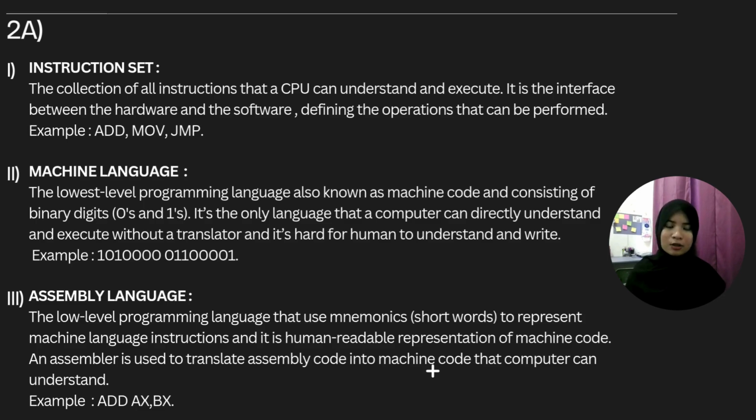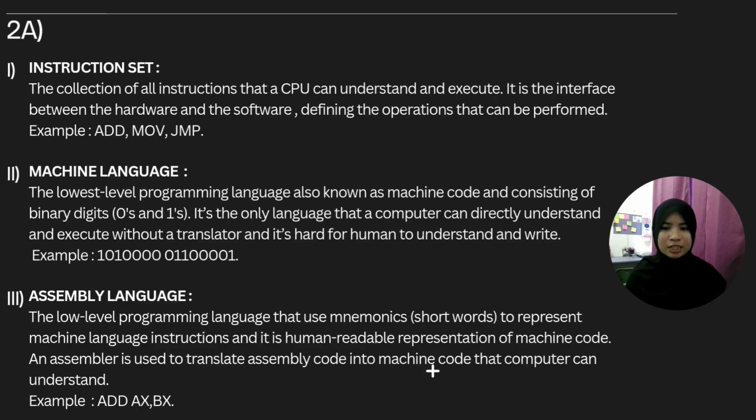It's the only language that a computer can directly understand and execute without a translator, and it's hard for human to understand and write. For example, 0101 0000 0001.